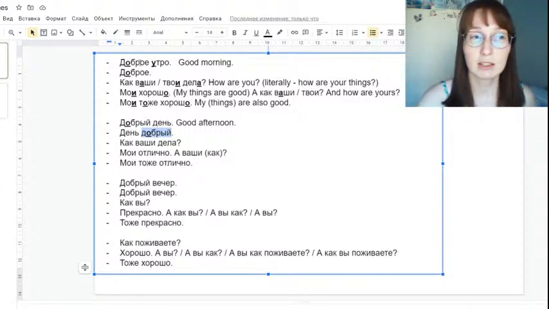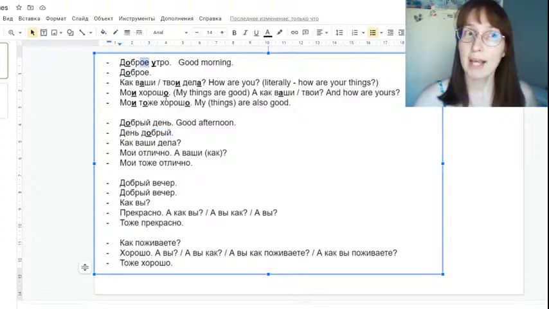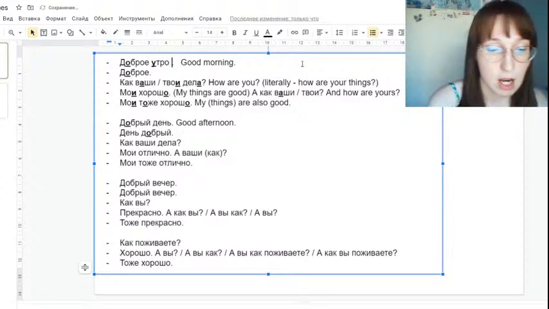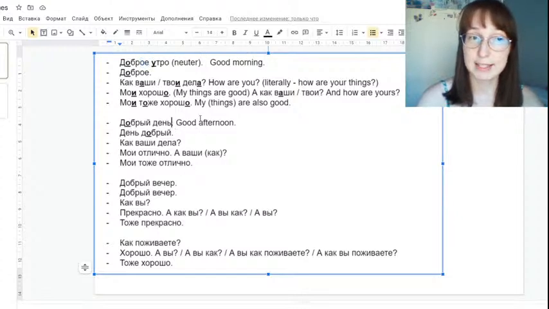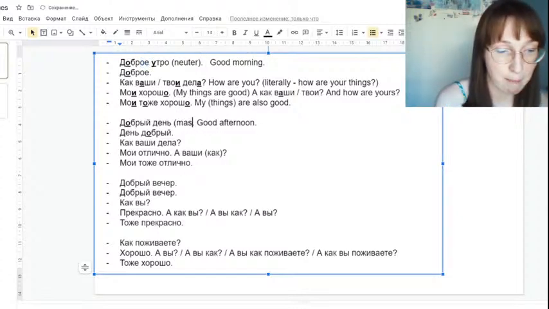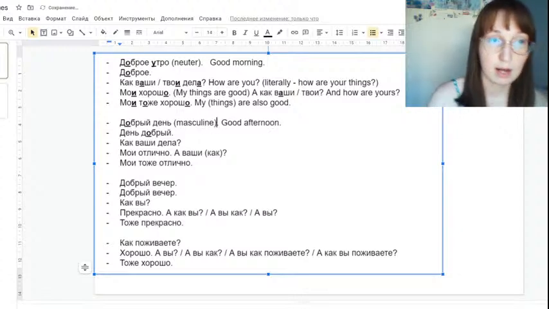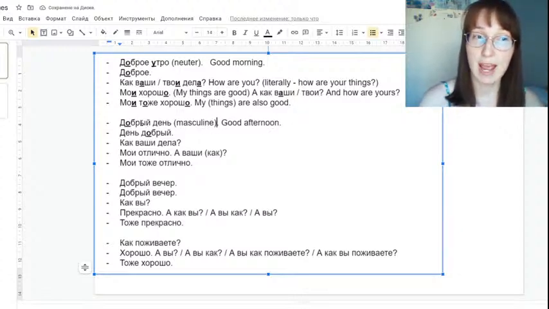And also, guys, look. Why доброе here, but добрый there? It's because утро is neuter in Russian. Neuter gender. But день is masculine. That's why the endings are different.